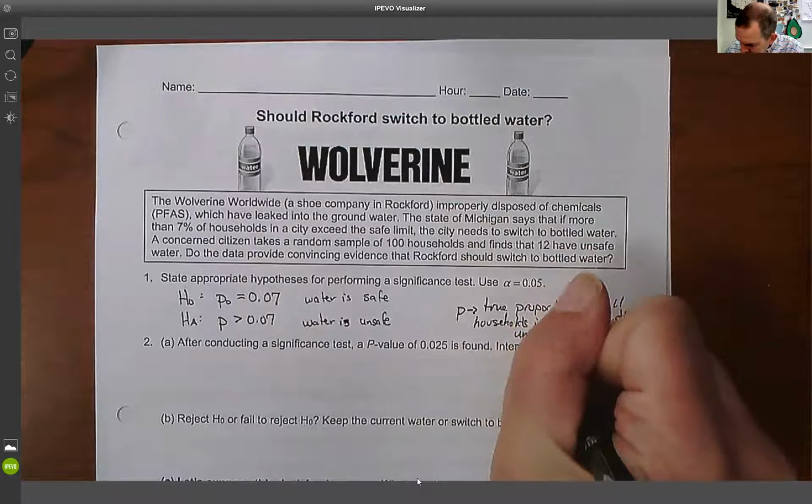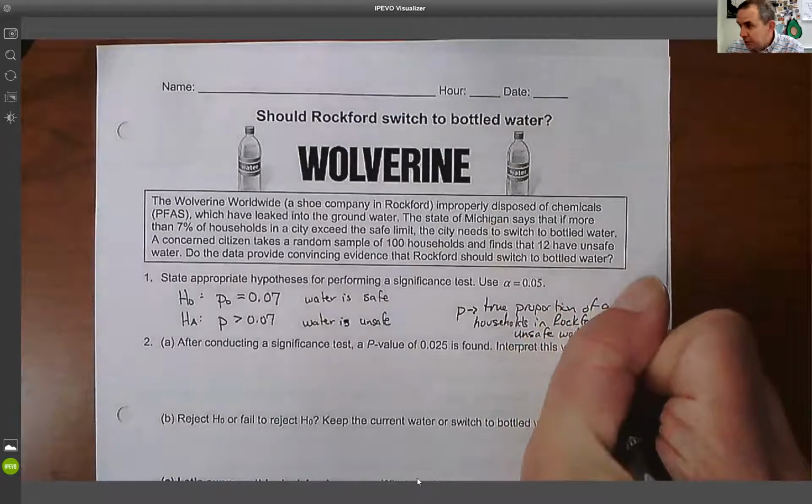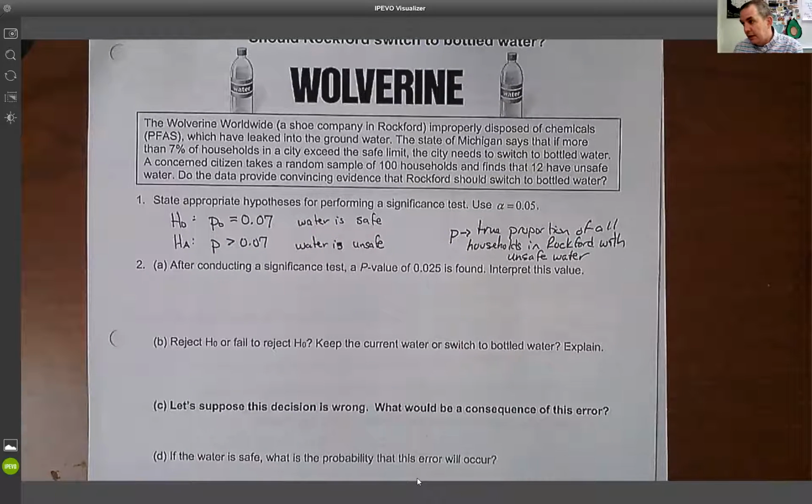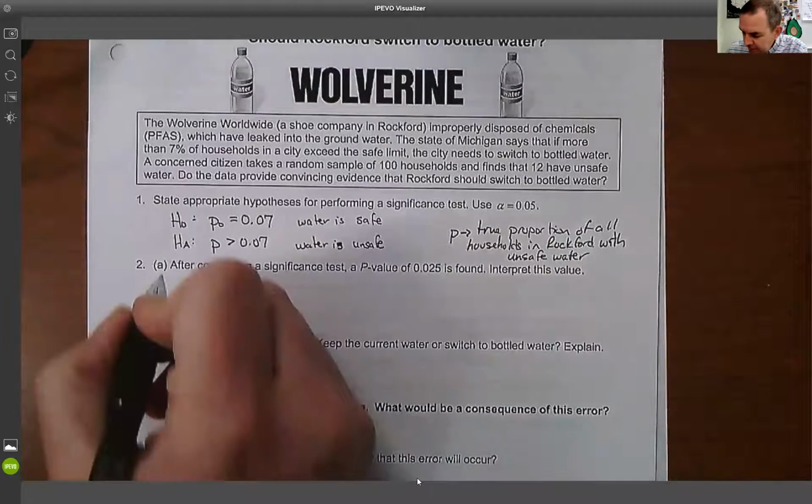Okay, so now let's do a little bit of a review. After conducting a significance test, we find a p-value of 0.025. Interpret this value.